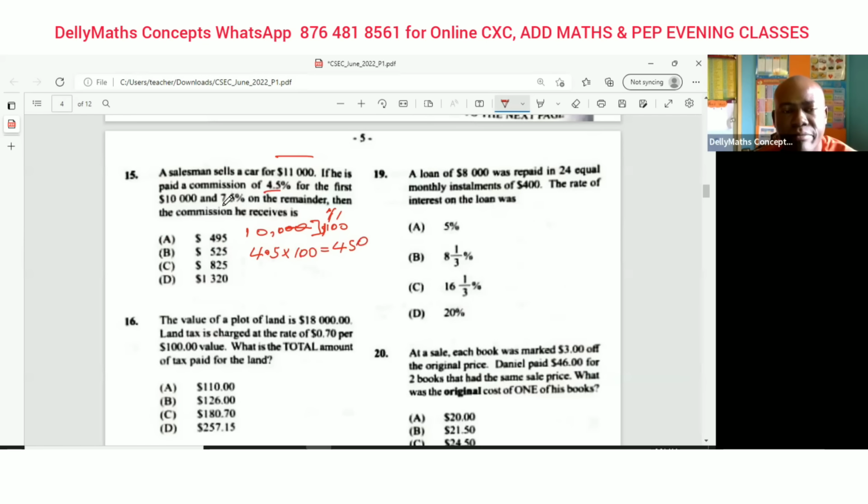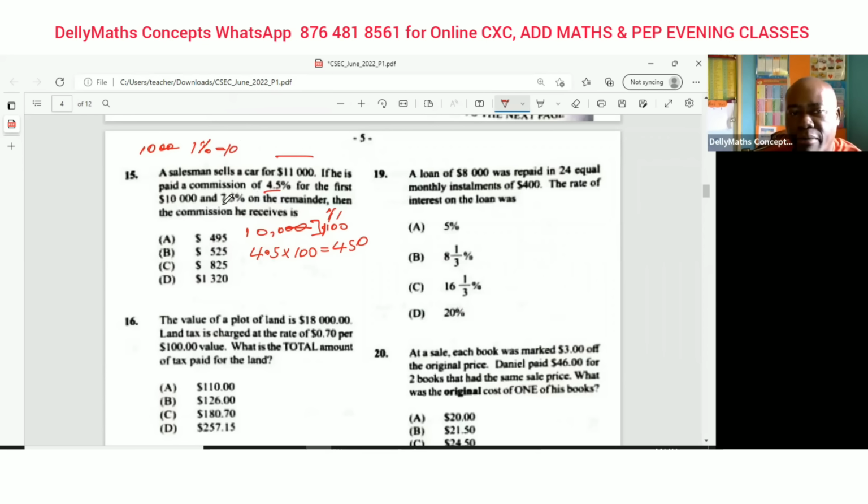That means I have 1,000 left now because it's 11,000. So you take this, we have 1,000 left. So now we're talking 1% of the 1,000. 1% is to take off 2 zeros, so 1% is actually $10.